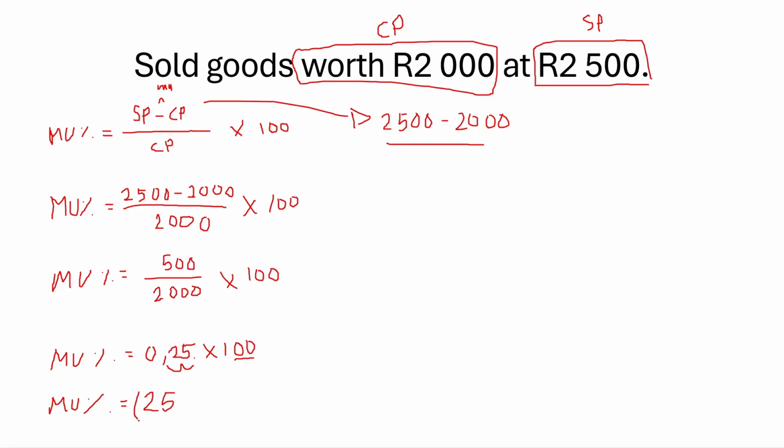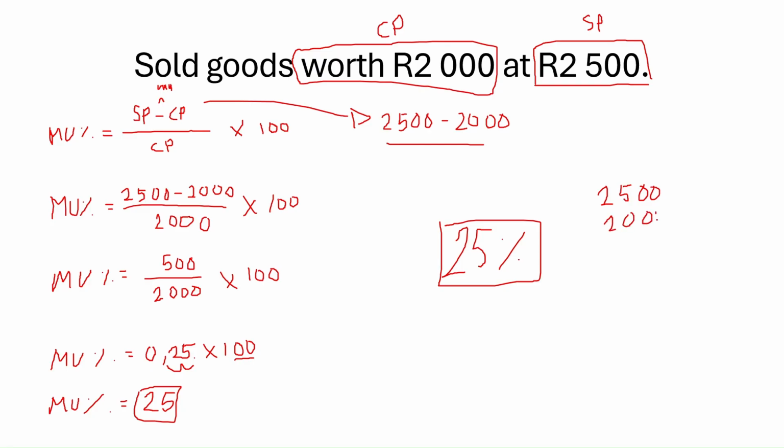It doesn't matter. It's better to add the percentage, so we know that we're talking about percentage, not the actual amount difference. Because the actual amount difference is 500 Rand, which we get when we subtract the cost price from the selling price. So this would be the amount profit, which is equal to this.